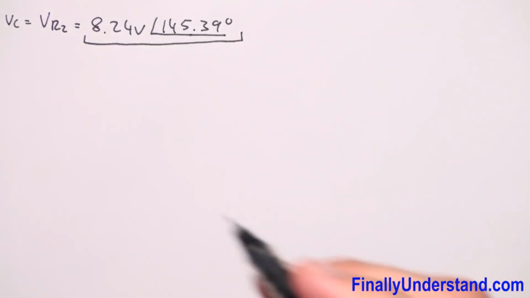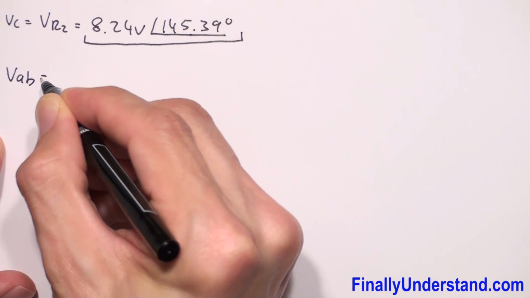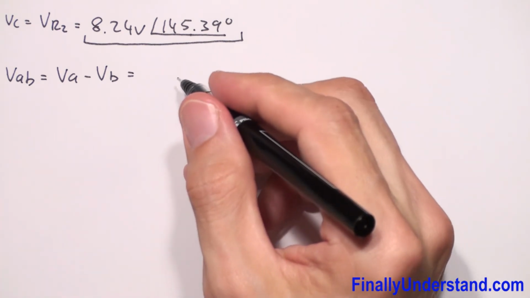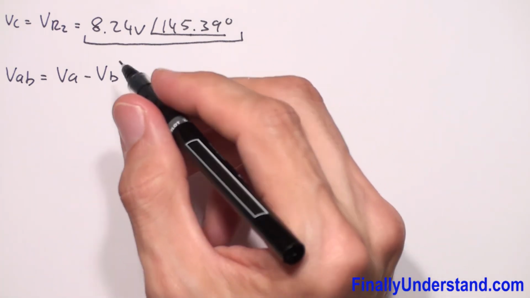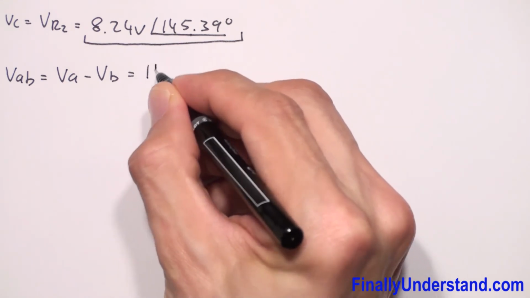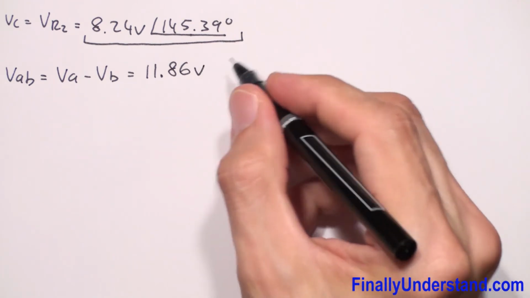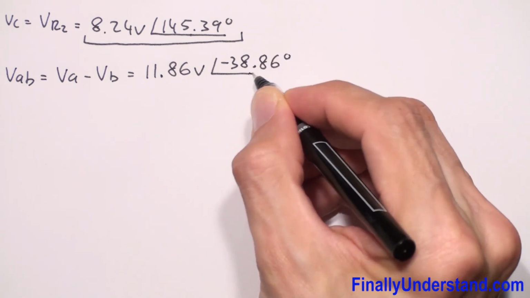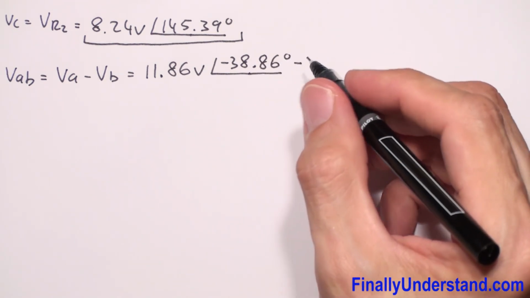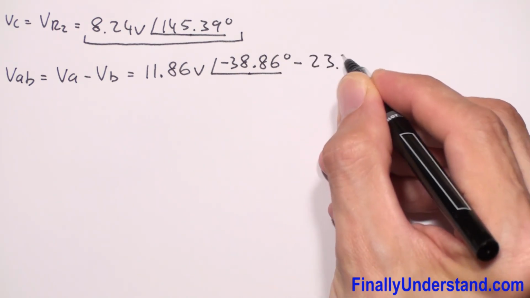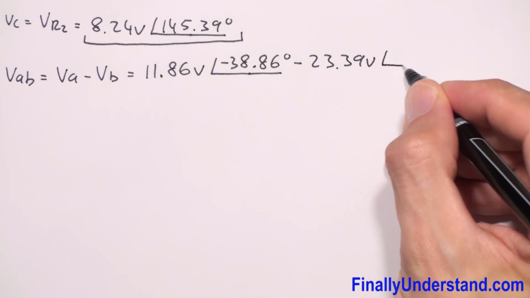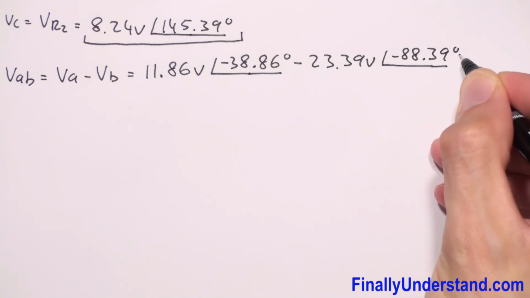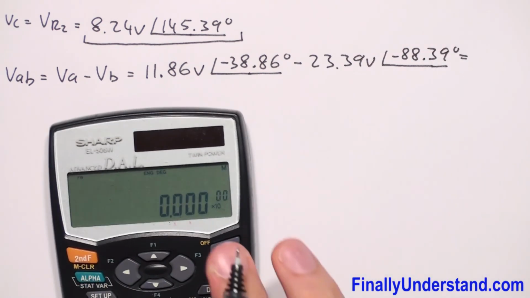So VAB is equal to VA minus VB, where VA we found is equal to 11.86 volts and angle of negative 38.86 degrees, minus VB, which is equal to 23.39 volts and angle of negative 88.39 degrees.